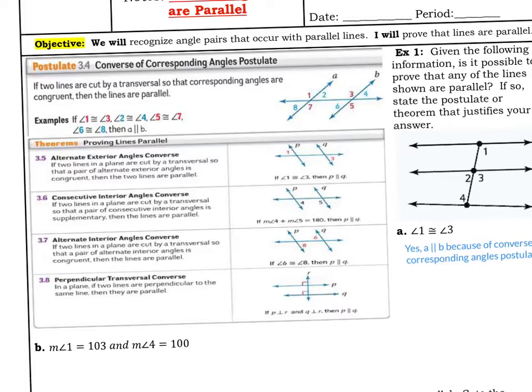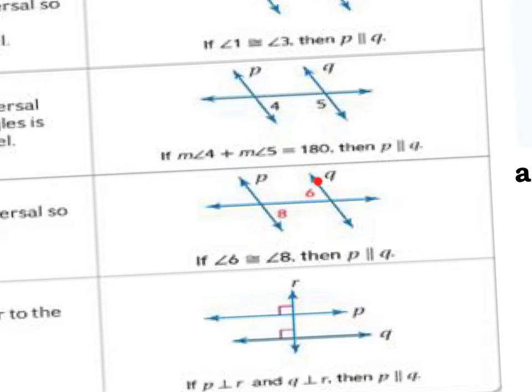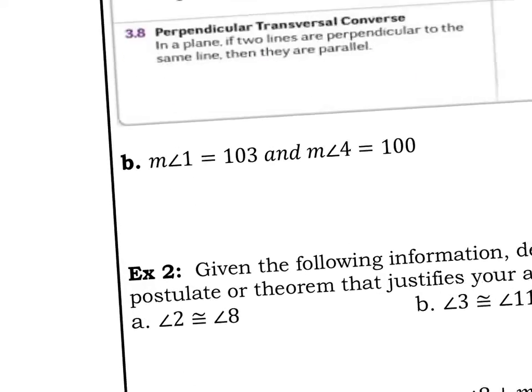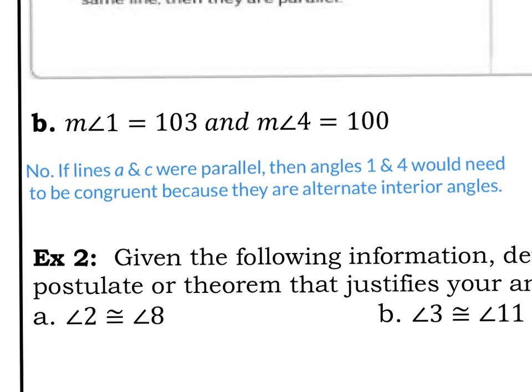So if you have alternate interior angles that are congruent, then your lines are parallel. But 103 is not the same thing as 100, obviously. So therefore, you cannot determine that these lines are parallel. There you go. If you need to see it written down, there it is.